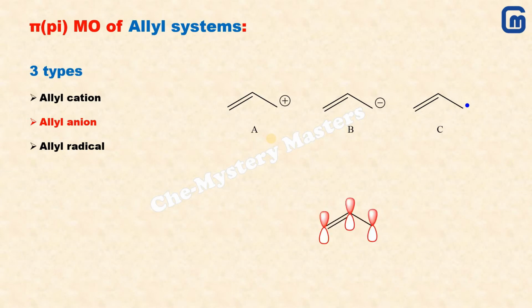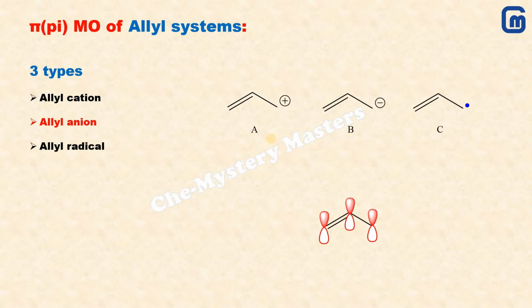In all these allyl systems, if you remember our earlier videos, we discussed that all those atomic orbitals which are associated with a double bond are responsible for the formation of pi molecular orbitals for any molecule undergoing a pericyclic reaction.